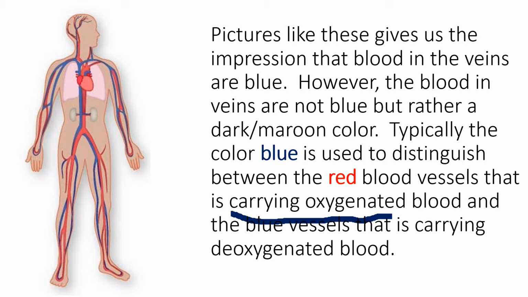Oxygenated blood, whereas the blue blood vessels are carrying the deoxygenated blood. To represent the colors of what it really looks like, it's more of a bright red and a dark red. It would be harder to distinguish both of those colors in a figure like this.